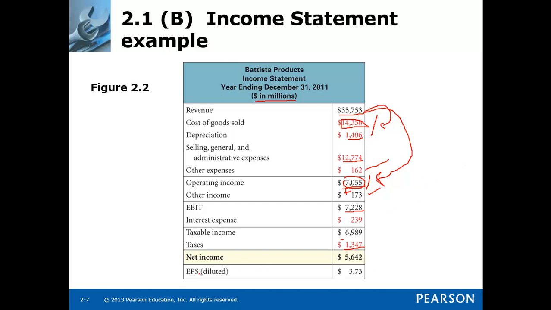This number here, EPS at 3.73, refers to earnings per share. Their earnings per share was $3.73 for every share of stock outstanding. And that is found by just taking the net income and dividing it by the number of shares.